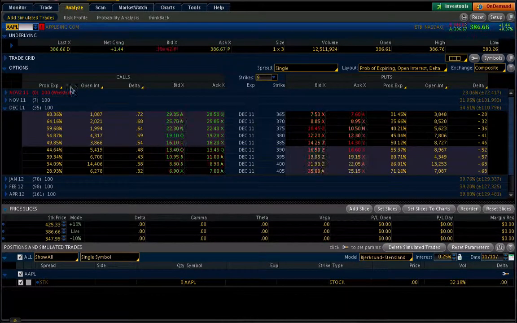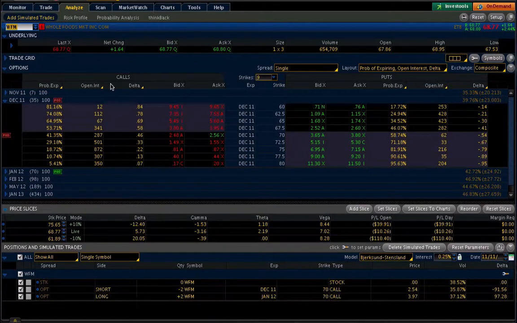Now, sometimes you'll see, like I just put on a trade with Whole Foods. As you can see, the bid and the ask is decent, but I got filled right in between the bid and the ask, between the mid and the natural, and we'll go over that in a later video.